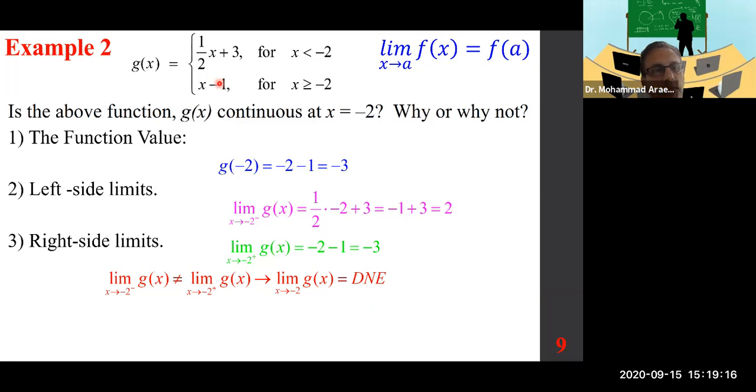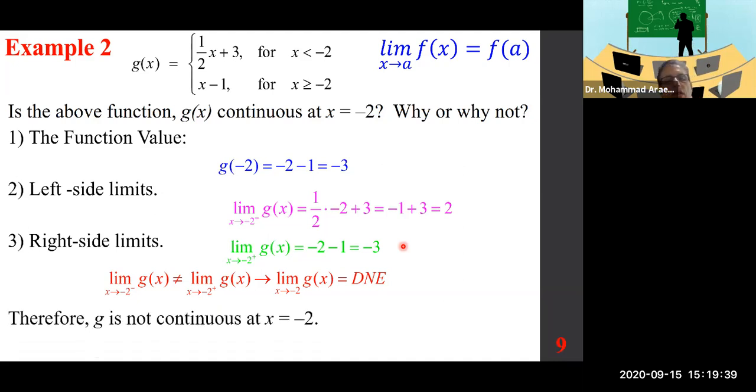Okay. I hope everybody's clear. However, some of you may notice something interesting, and that is the function, so again, the function is discontinuous at -2, end of this story. However, you notice that g of -2 and the limit from the right of -2 are the same. Then we say the function is continuous at x equals -2 from the right. Okay, so first the function is not continuous at x equals -2.